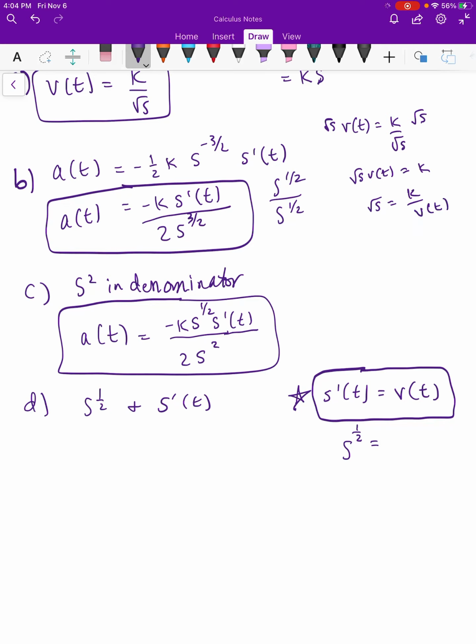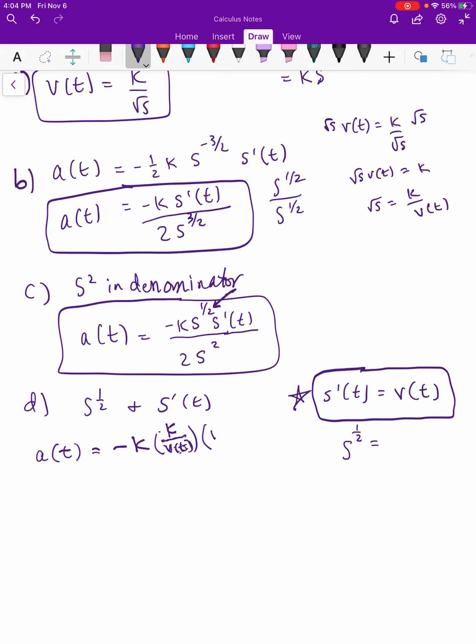And this would have been k divided by v of t because I'm substituting it in right here.